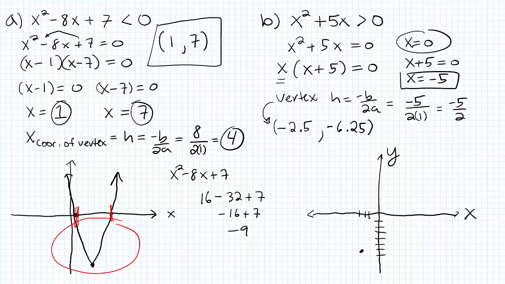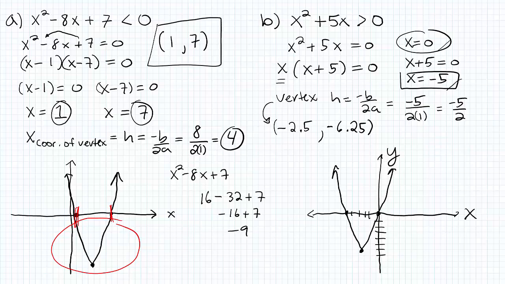Remember, the function is opening up, and we found that the zeros of the function are at negative 5 and 0, right? So there is a 0 right here and at negative 5. So 3, 4, 5 puts us about here. And so our graph looks basically like this, right? Again, not the best drawn parabola there. It's supposed to be a nice U-looking shape. Let me redraw that just to make it look a little bit better. Okay. Whatever, it doesn't really matter that much. The drawing doesn't have to be perfect.